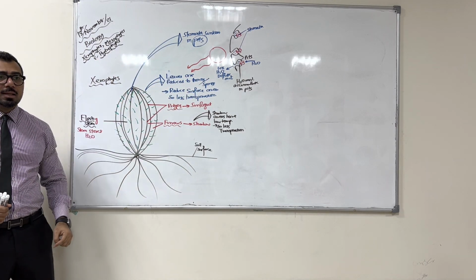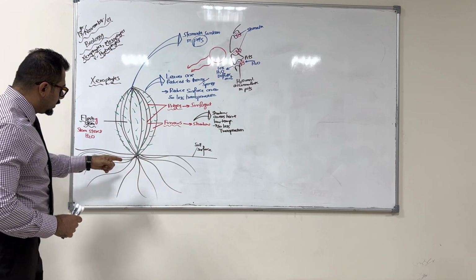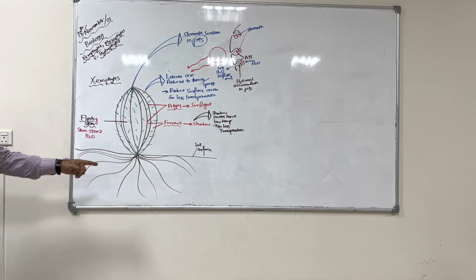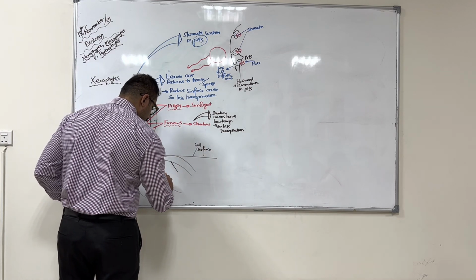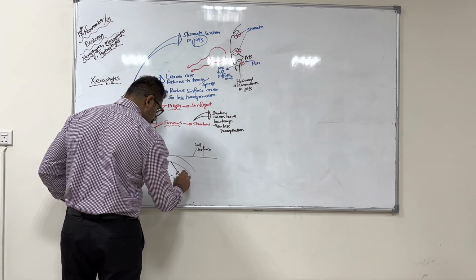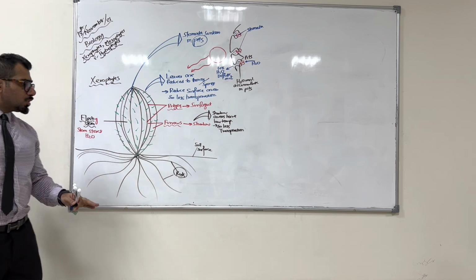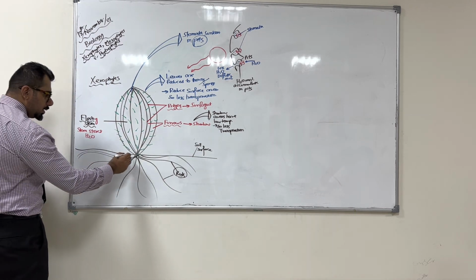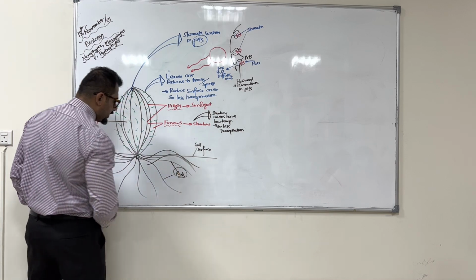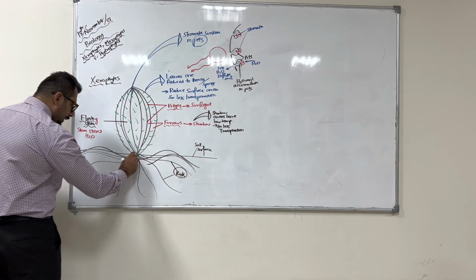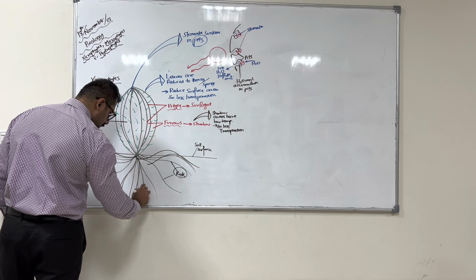Understood? Next thing, boys. Look here. These are what? These are roots. Now, if you see that I have made the roots, some of these roots are above the soil surface, and some of them are going down.